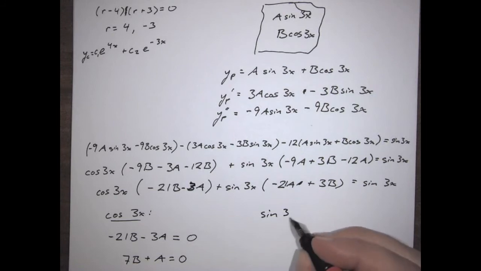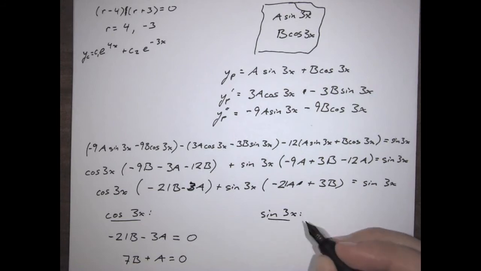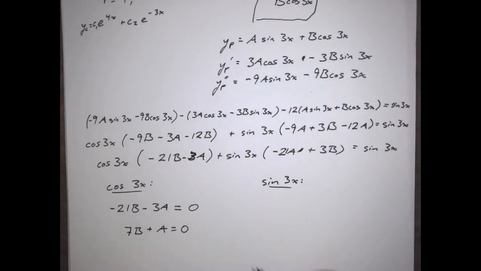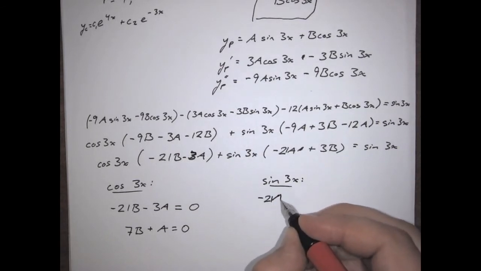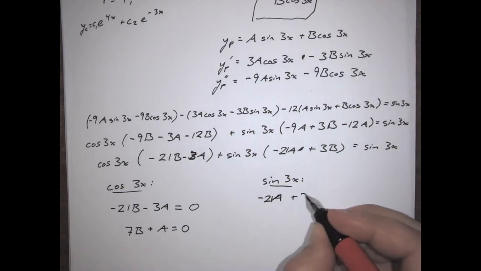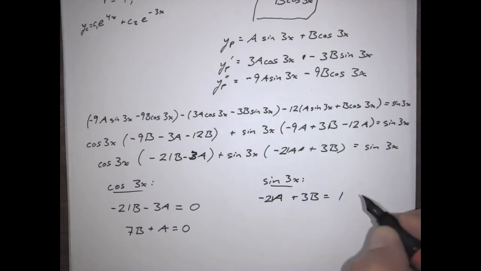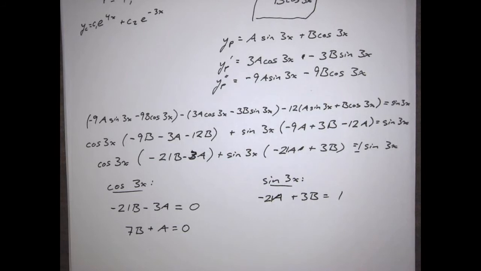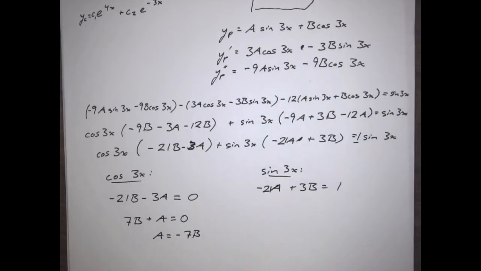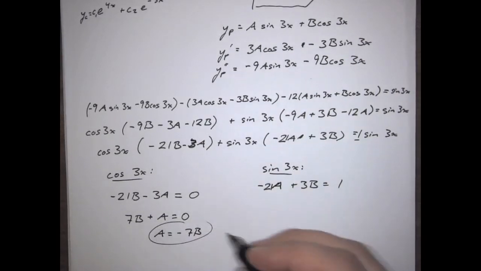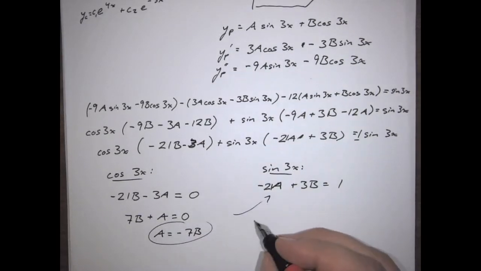Sine 3x, so the terms that correspond with that, we're going to have negative 21a plus 3b equals 1. So thinking about this over here, a equals negative 7b, which we can then put in over here.